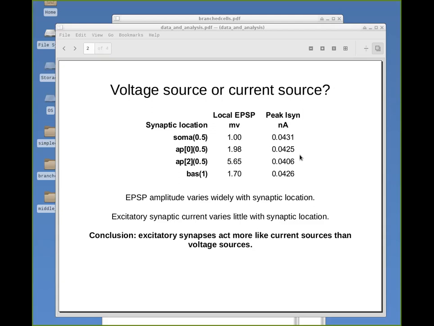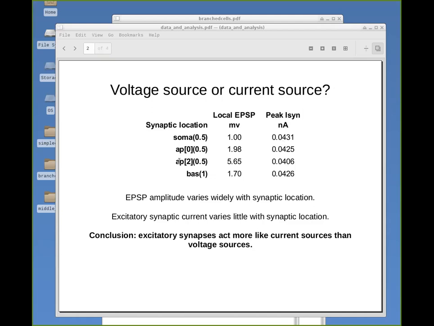Okay, so yeah, the input impedance is a bit different, but the input impedance is vastly different. Okay, it's huge. It looks to me like for the same injected current, we're getting a depolarization almost 6 times bigger. And actually, it's not even the same injected current, it's a bit less.